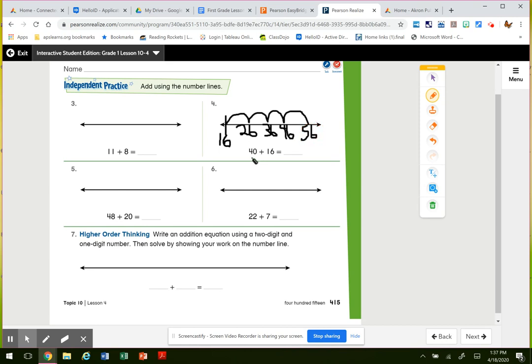So the sum of 40 plus 16 is 56. I encourage you to go back and practice these because this is a wonderful way to add using the open number line concept. An open number line, you can make it on any scrap pieces of paper that you have handy. If you're taking a test or anything like that, it's just a wonderful tool to know how to use. So let's move on.